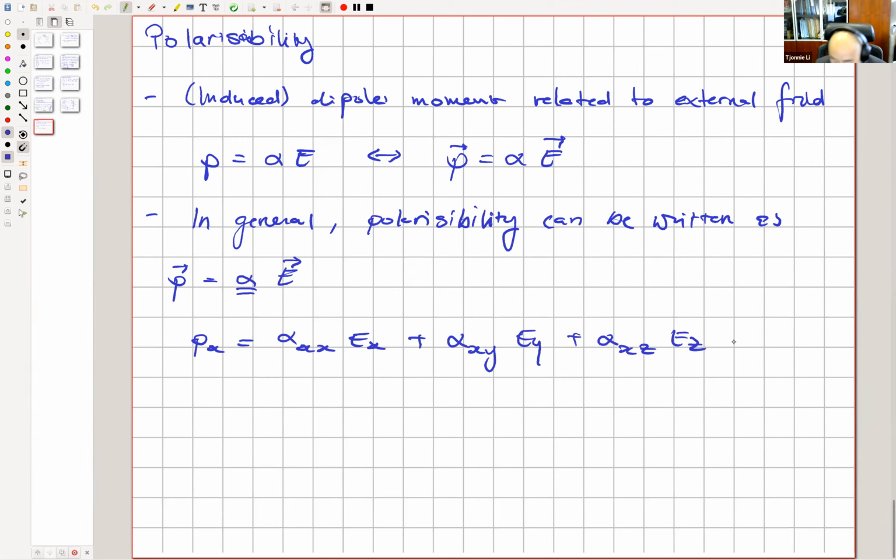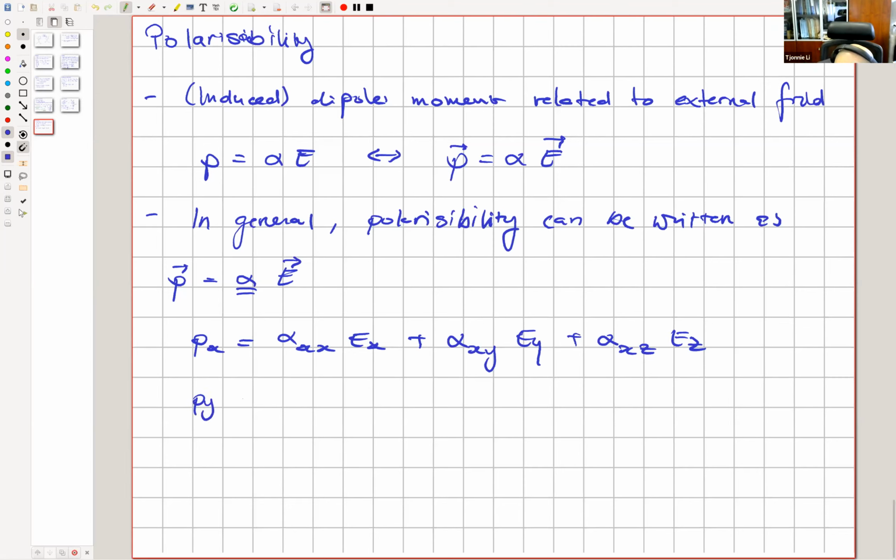Okay, so in a way, instead of it being a constant, where the induced dipole moment is in the same direction as the external field E, here what we can do in general is have it point in any direction depending on this alpha, which in this case is a second rank tensor.